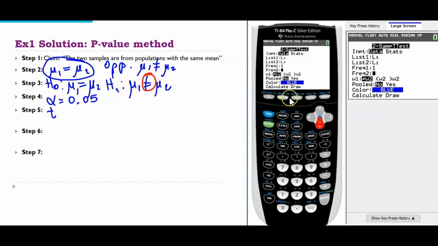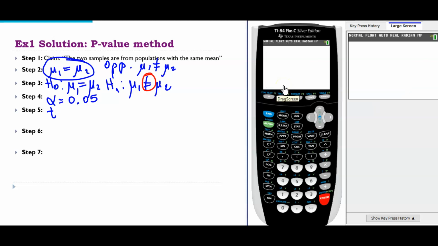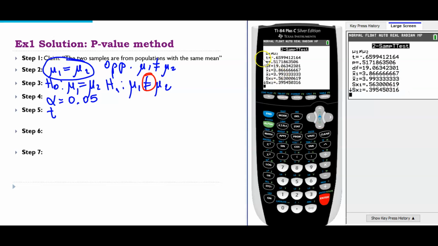1. Mu1 is not equal to mu2 from the alternative hypothesis, so we pick the not equal to sign. Pooled: no. Go to Calculate, click enter, and write down the values of the t-statistic and the p-value.